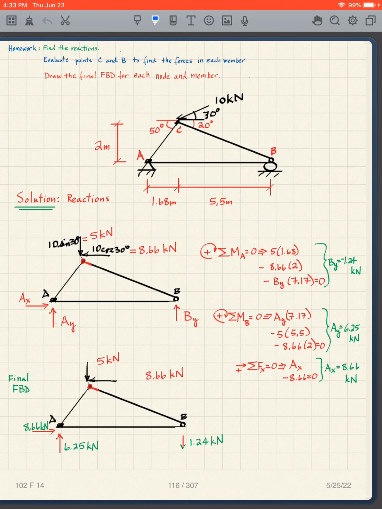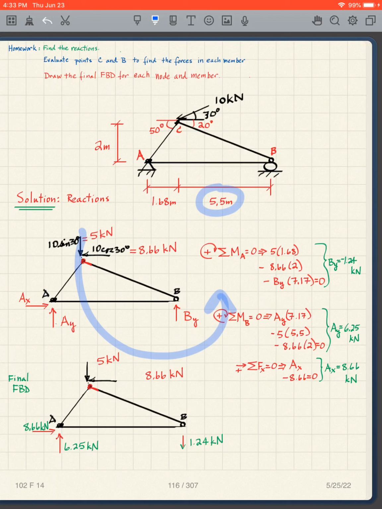Solve for By, we get that. Take moments about B. And I've got AY clockwise. The distance is 7.17. 5 counterclockwise.